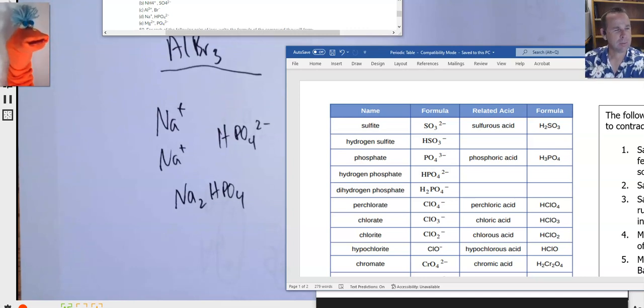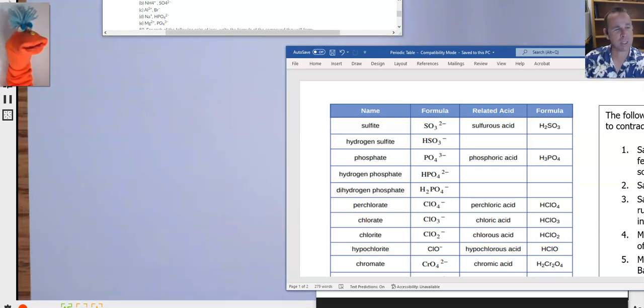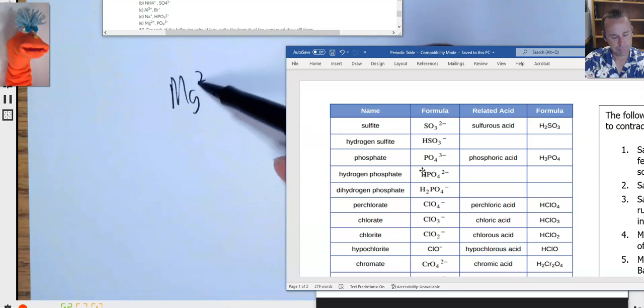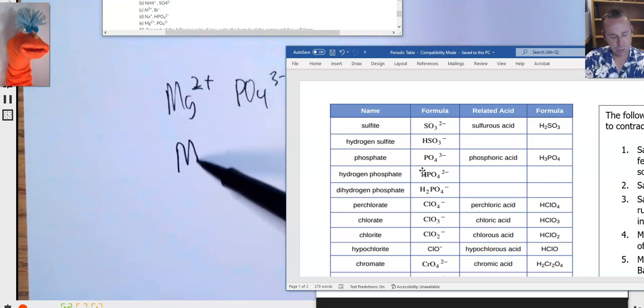All right, the next one. Let's see, is that the magnesium ion? That's the magnesium ion. And what's the other one? I'm looking at the polyatomic. Oh, it's the phosphate ion. Very good. Right there we got the phosphate ion. All right, so magnesium and the phosphate. The crisscross rule works really well here.